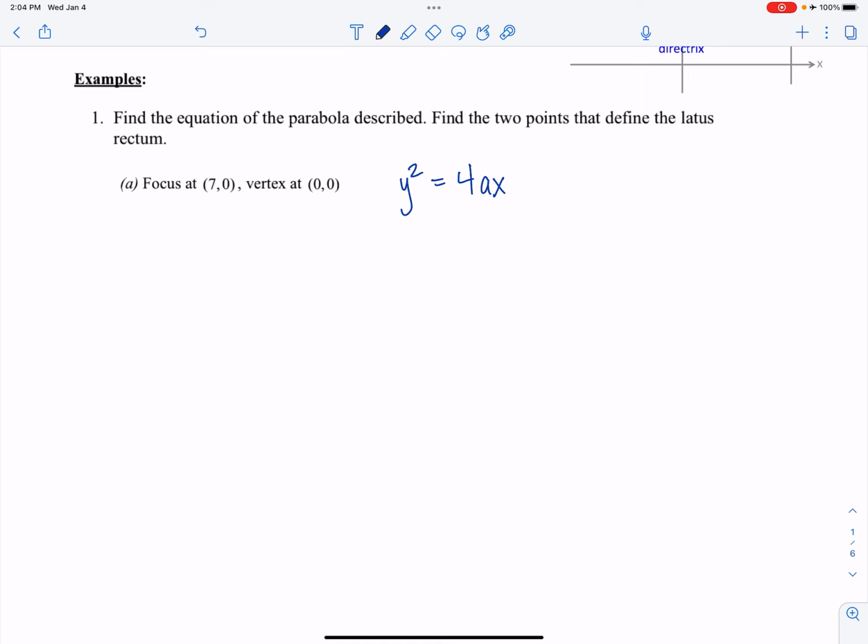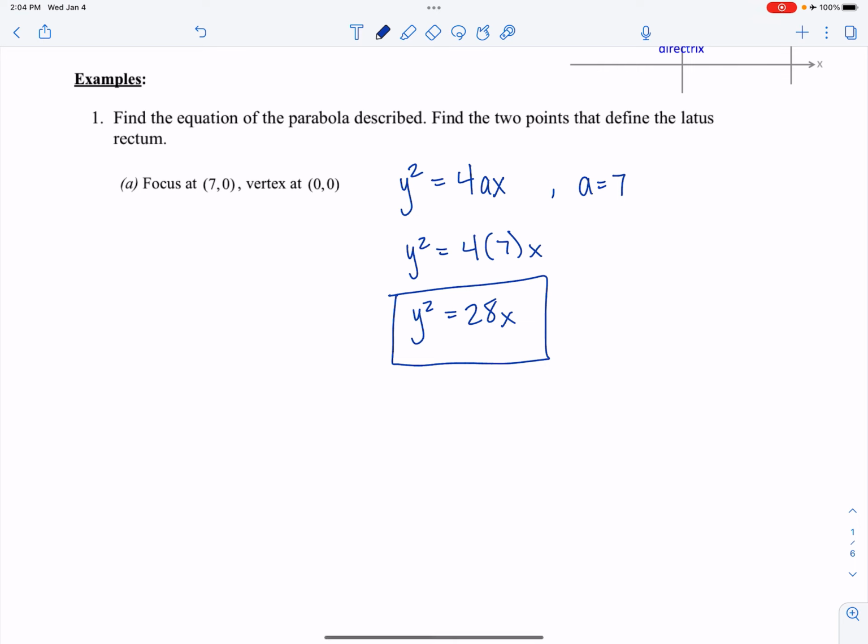In this case, because they gave us the focus, we know that a is 7. So let's plug that in. We're going to have y squared equals 4 times 7x, which gives us y squared equals 28x. And that is our equation.